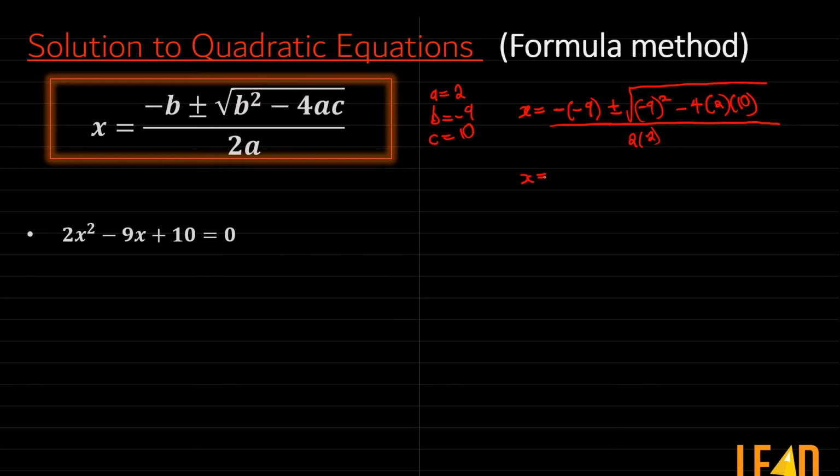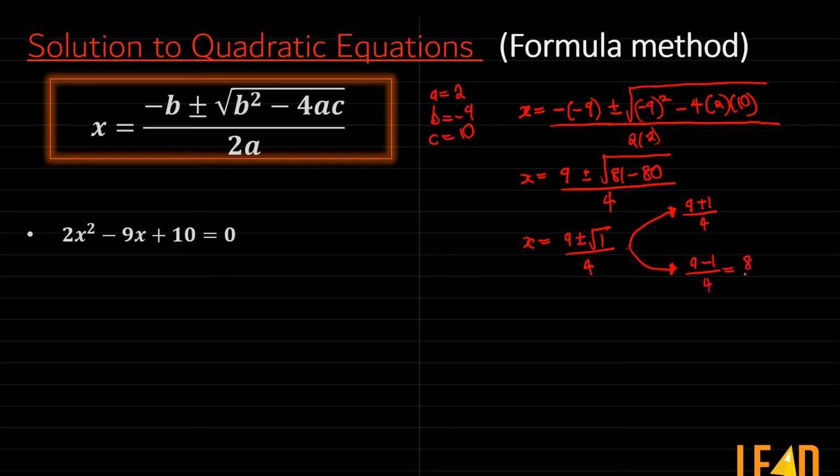We would have x is equal to 9 plus or minus the square root of 81 minus 80, over 4. So x would be equal to 9 plus or minus the square root of 1, over 4, which gives you two solutions at this point. 9 plus 1 over 4, because the square root of 1 is 1, or 9 minus 1 over 4.